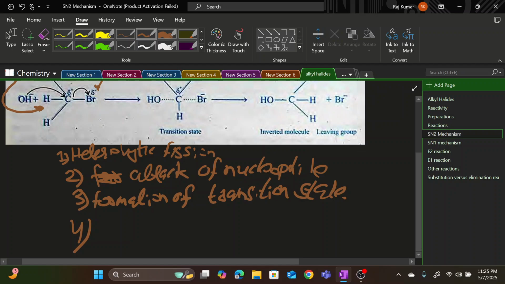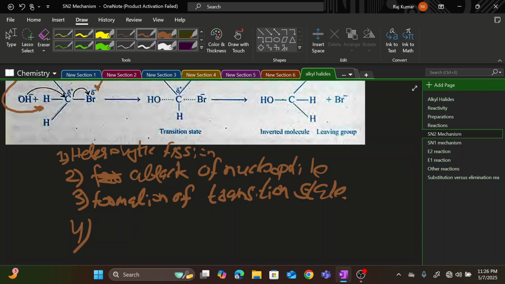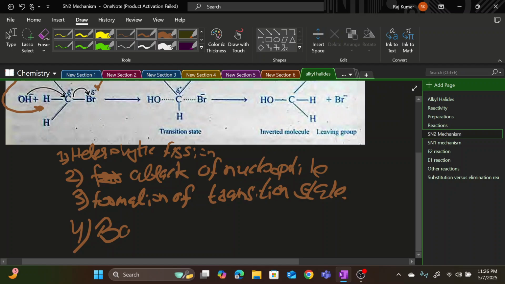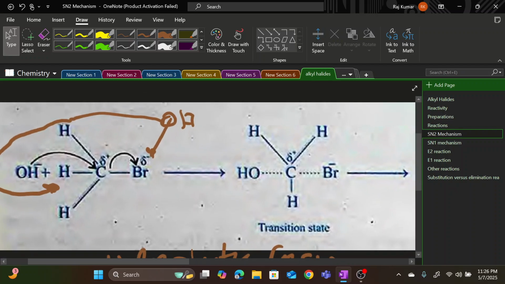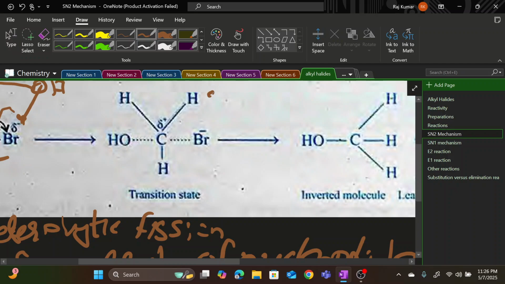And formation of the transition state. What actually happens is that we have an alkyl halide. First there is heterolytic fission, due to which there are partial charges on the alkyl and bromide, and then the nucleophile attacks, and that forms a transition state, this activated complex.